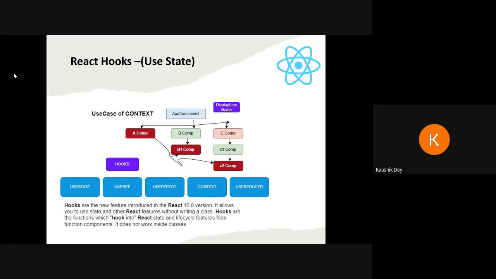With useState, we initialize the value inside the state object and update the state. In useState, we get two values. I will show every example one by one, so let's go with that.